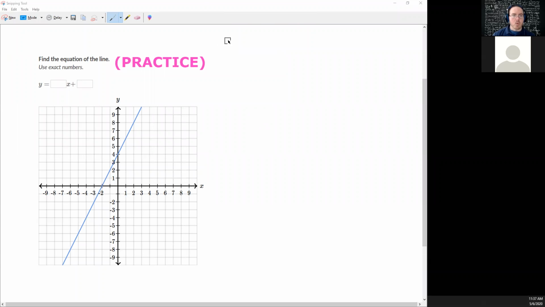Okay, so what are we doing? Our goal is to figure out what this line is in y equals mx plus b format.